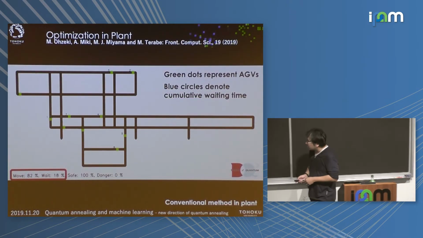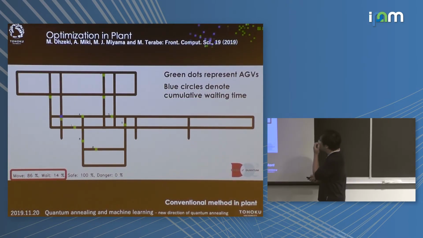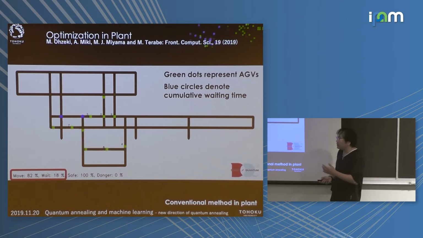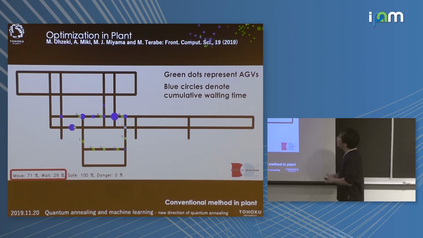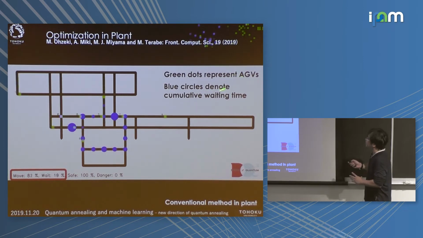And with Denso, this is an optimization problem in a real plant. The green dots denote the movement of the automated guided vehicles. The blue circles denote increases in the number of times, congestions. So this denotes waiting times of the automated guided vehicles.